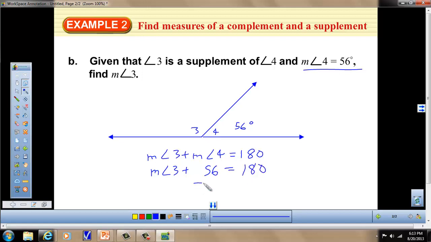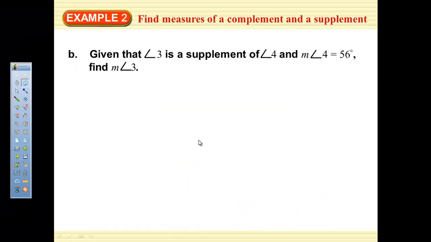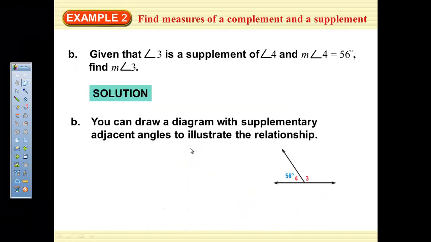And then, of course, again, we're going to subtract 56 from both sides. And we get the measure of angle 3 is equal to 124. Okay? Again, draw a picture, do the work.